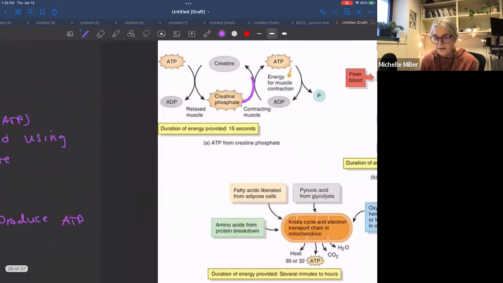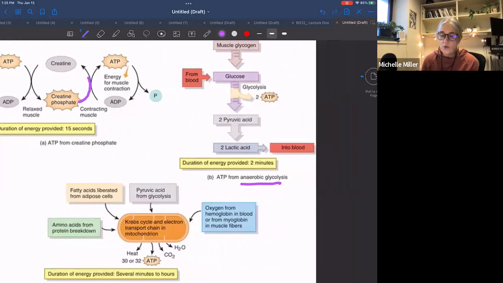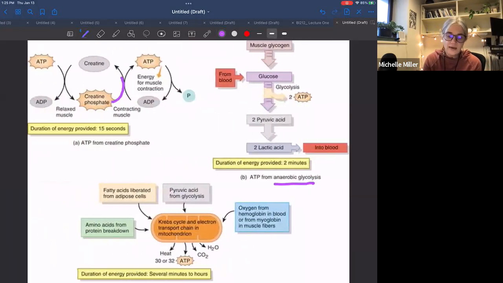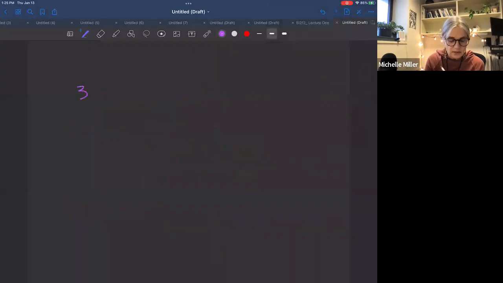The last one is anaerobic. This is where we produce ATP, but it is inefficient, and it also produces lactic acid. So the third way that we produce energy is anaerobically.